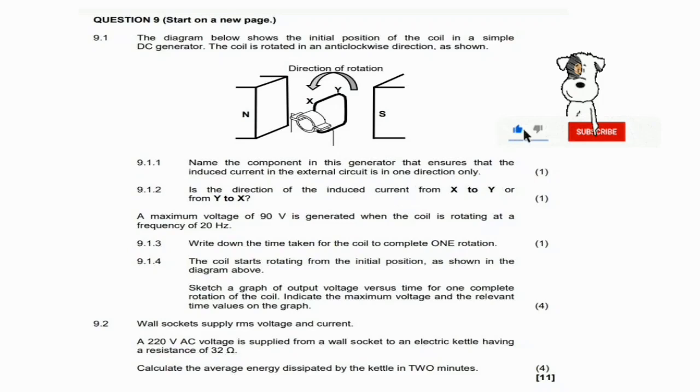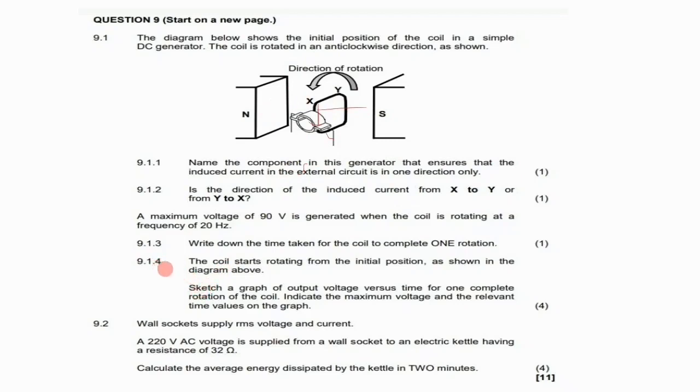Then 9.1.4 says the coil starts rotating from the initial position as shown in the diagram above, which from this position we know that once it is like this, there is no induced EMF, right? So no induced current when it is just straight like that, because it will be perpendicular to the magnetic field, right?